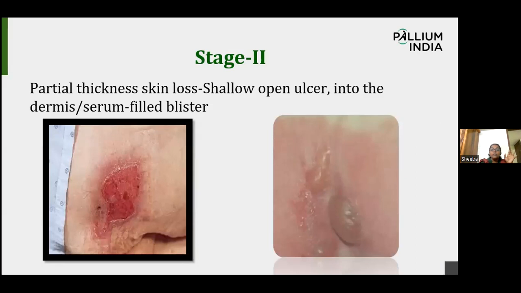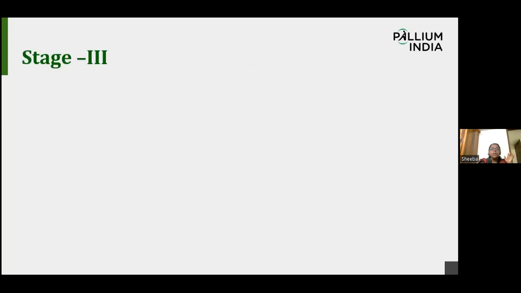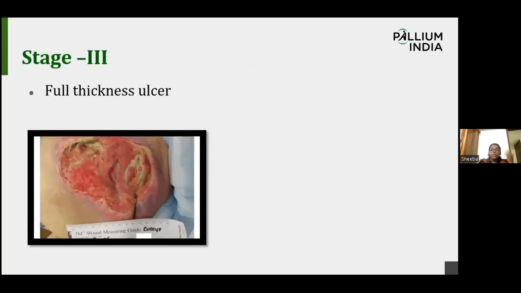But there is no infection. Sometimes there is blister formation. If the blister forms, definitely the skin will break down. So the third stage is a full thickness ulcer. The subcutaneous tissues will be affected, affecting the tissues, not exposing the muscles.